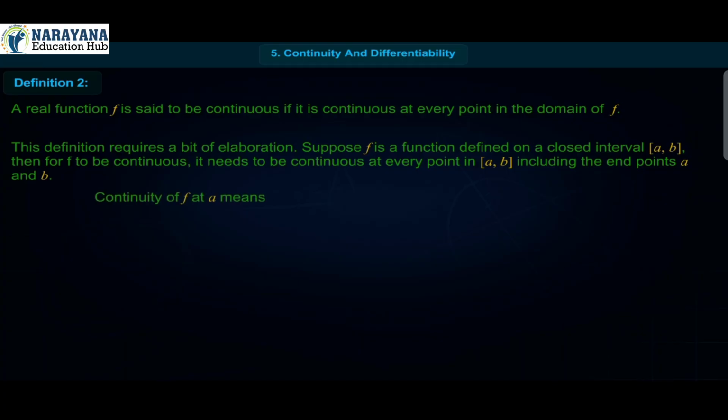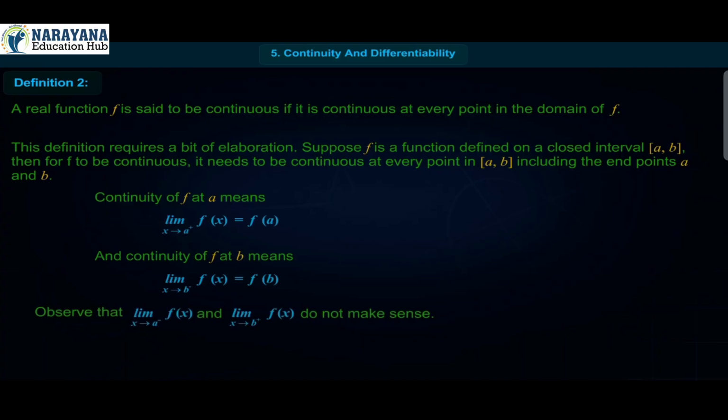Continuity of f at a means limit x tends to a plus f of x is equal to f of a, and continuity of f at b means limit x tends to b minus f of x is equal to f of b.